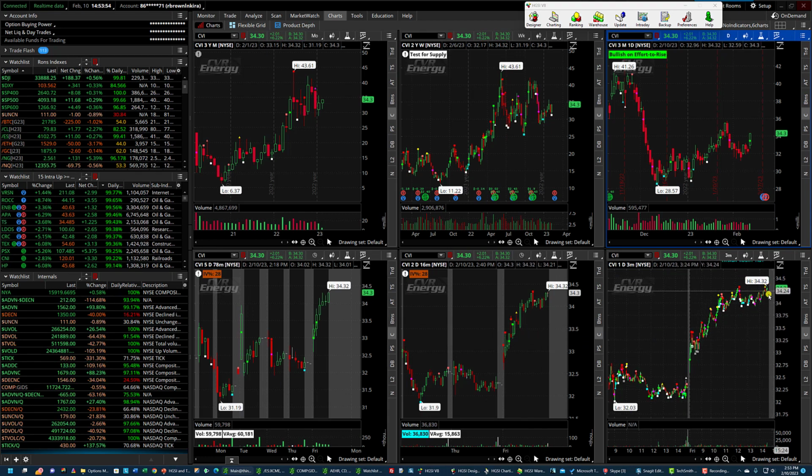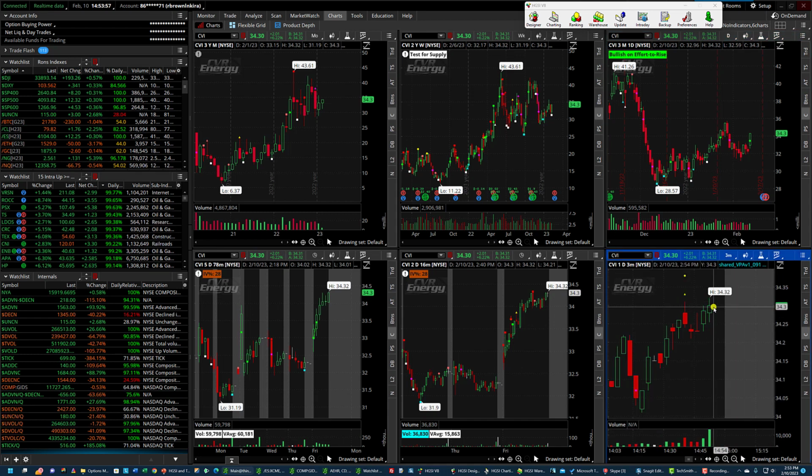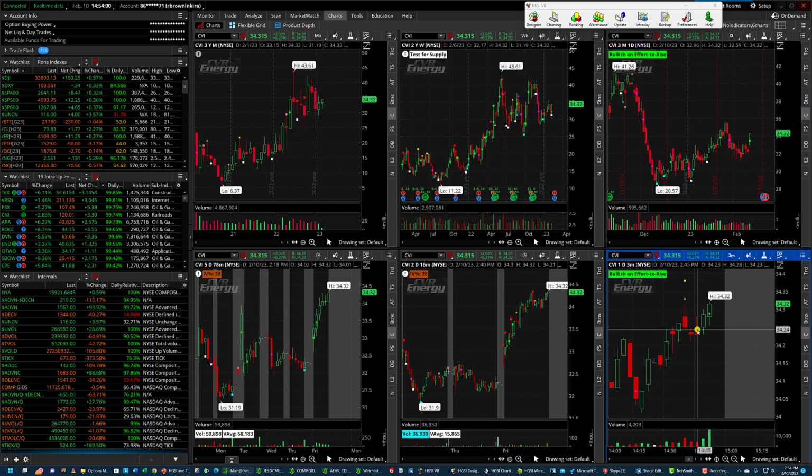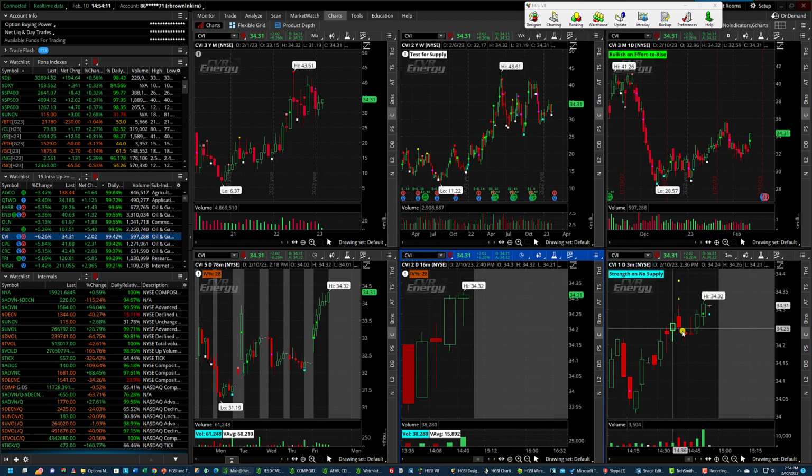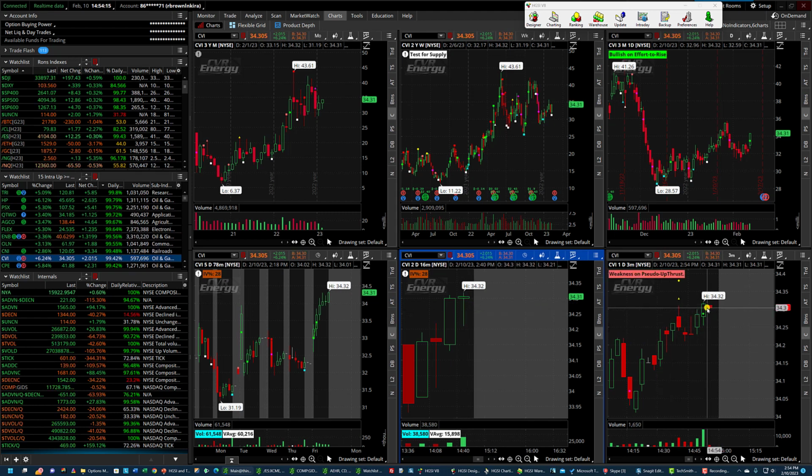So these last, well, this one's still being built, but 1, 2, 3, 4, 5 approximately. This is actually a 16-minute chart, not a 15-minute, but anyway, approximately 5 of these bars is going into building this candle here.